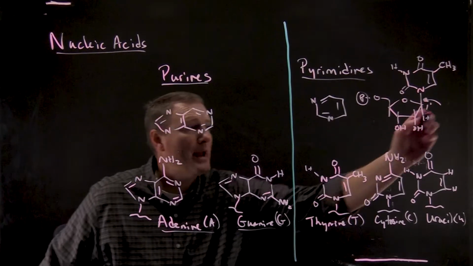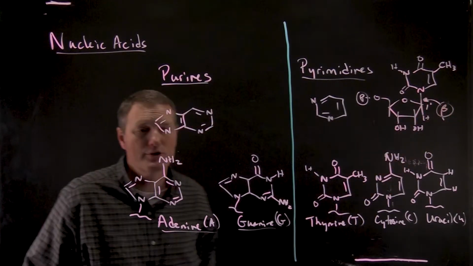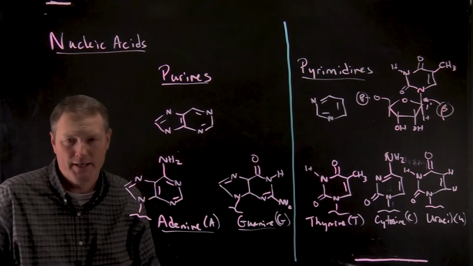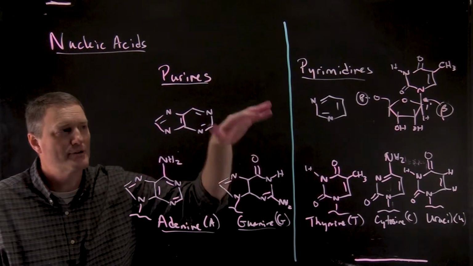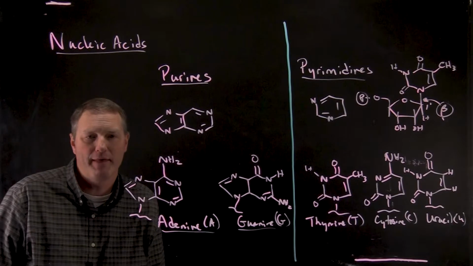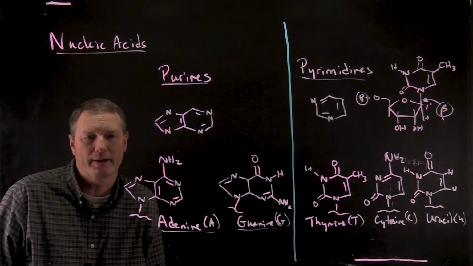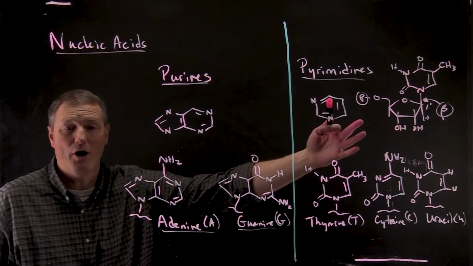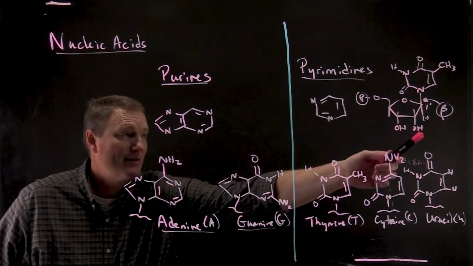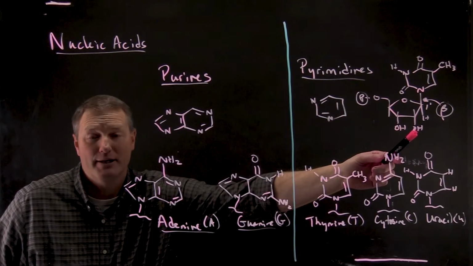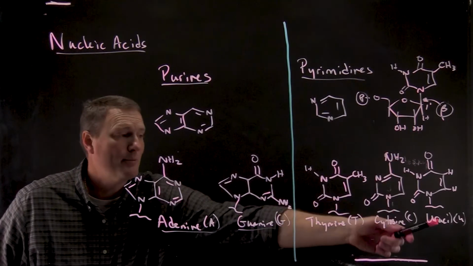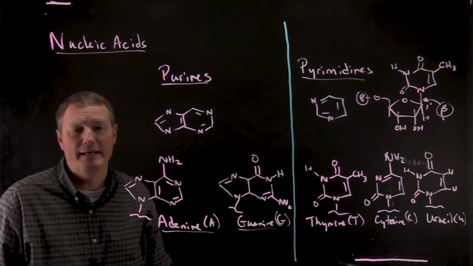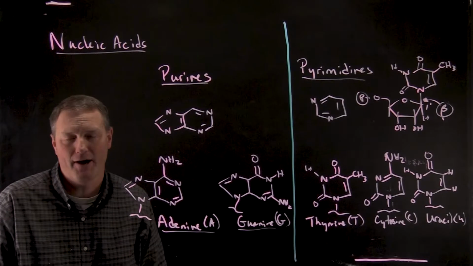And notice it's in the beta orientation. So the nucleotides are always found so that the bases are attached to the top face of that ribose type ring. So I've drawn the ribonucleotide. These also come in all the various flavors, but instead of having an OH, I could have a hydrogen here. The only one that would not have that would be the uracil version, since that's only going to be incorporated into RNA.